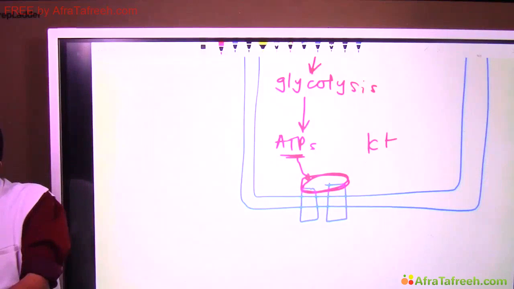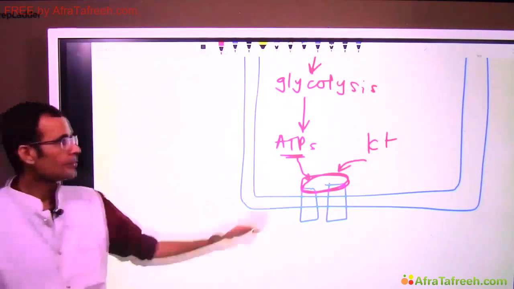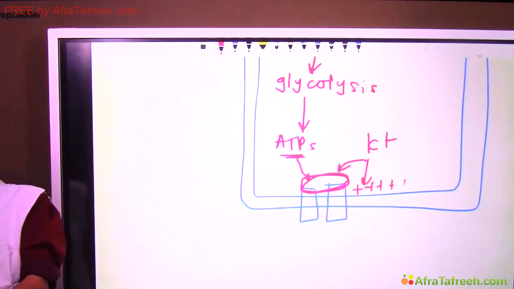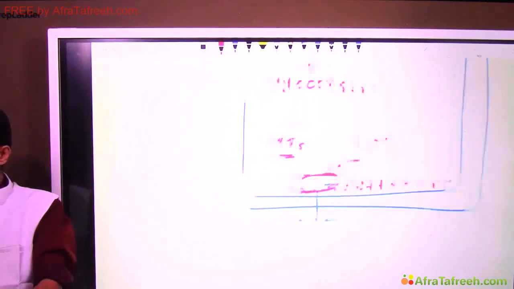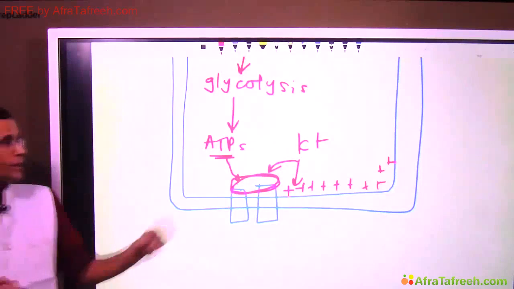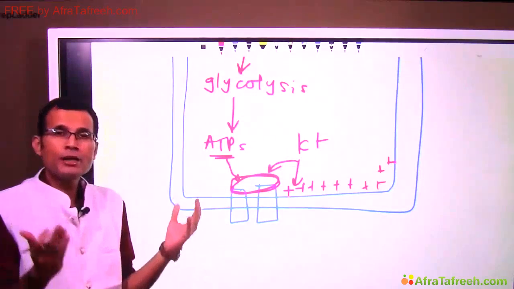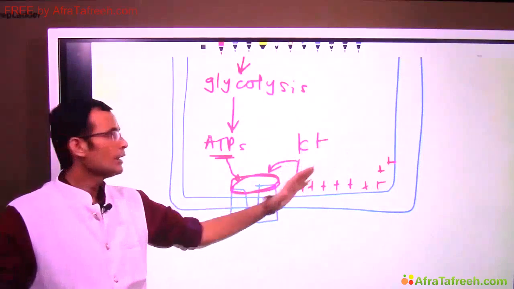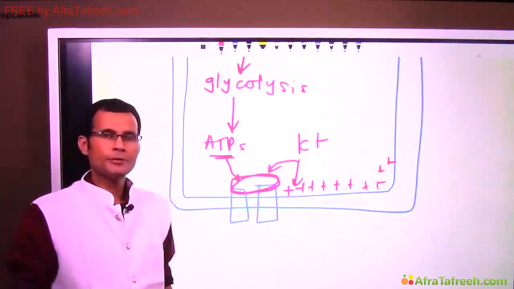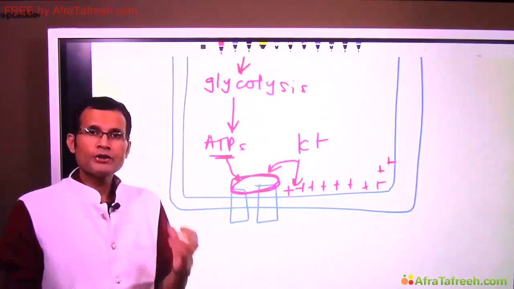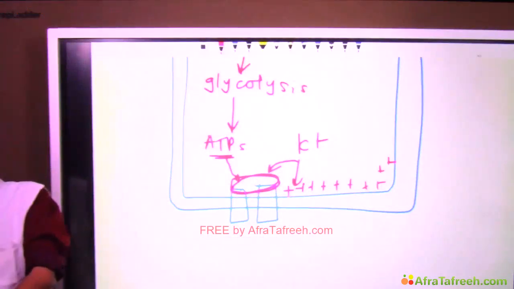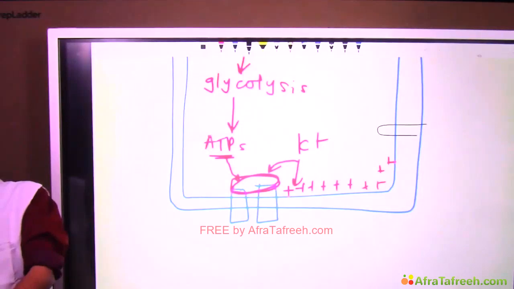So the ATP sensitive potassium channel closes, which means what? Which means potassium cannot go out. Potassium starts accumulating inside the membrane. It means the membrane has begun to depolarize. Positive charges are lining up inside the membrane. Membrane depolarization is happening. This is a voltage change for the membrane, and that opens voltage gated calcium channels.